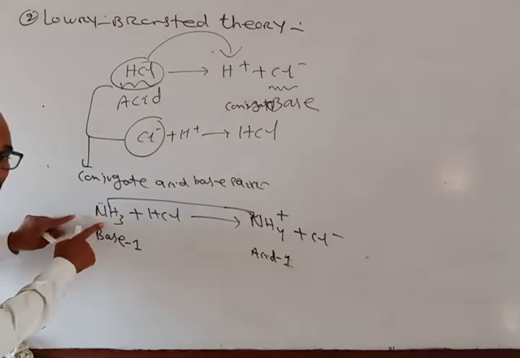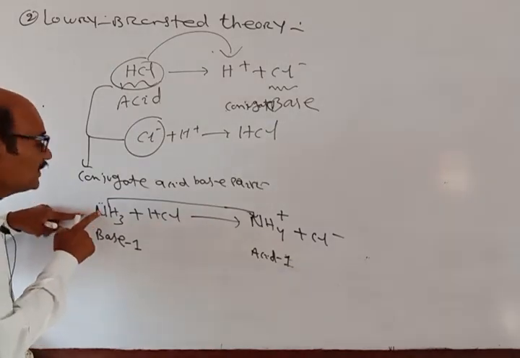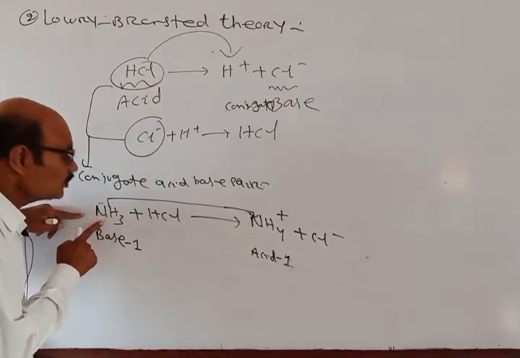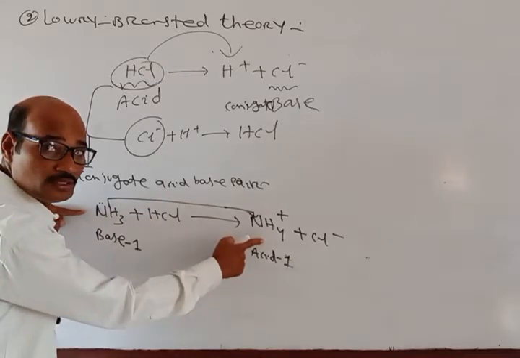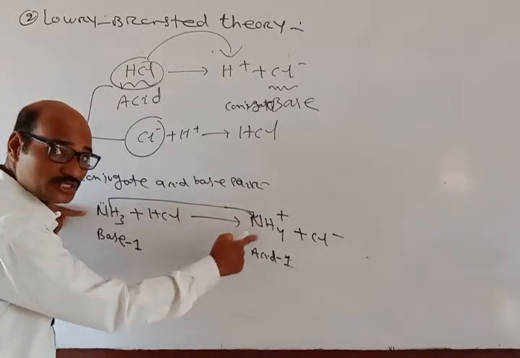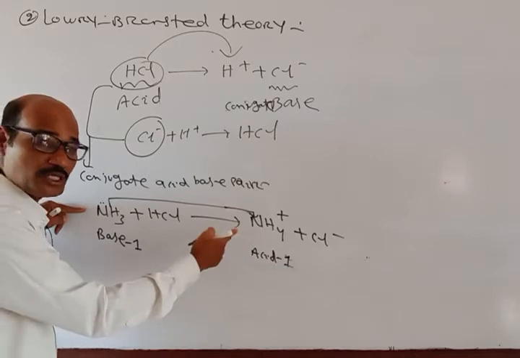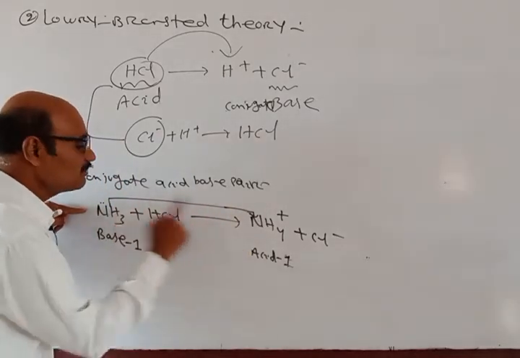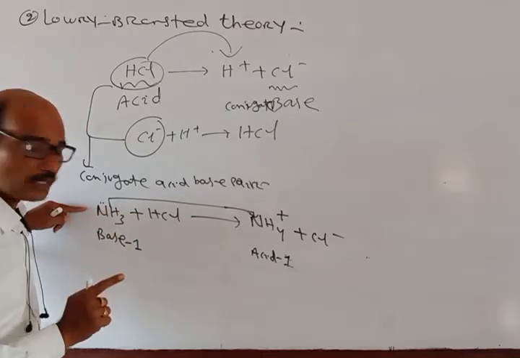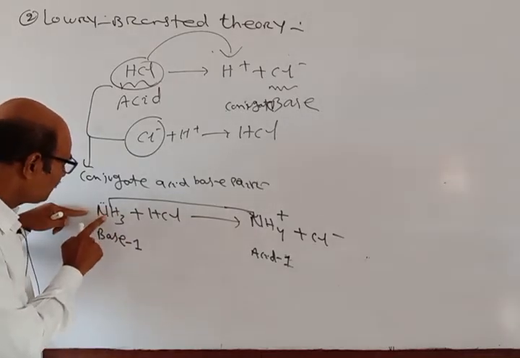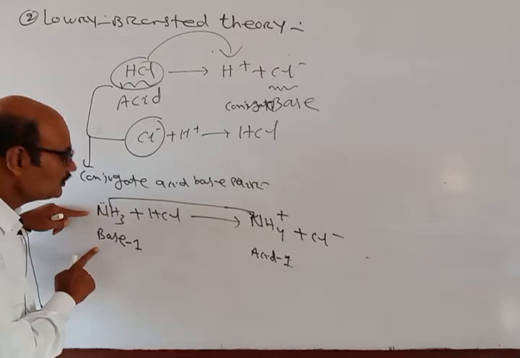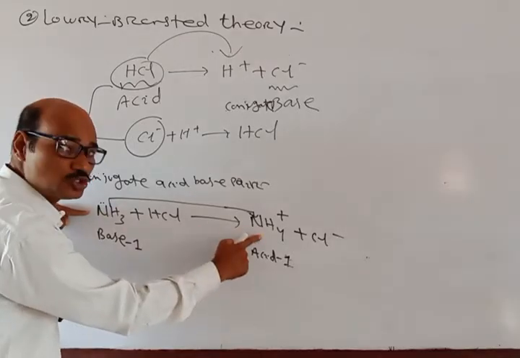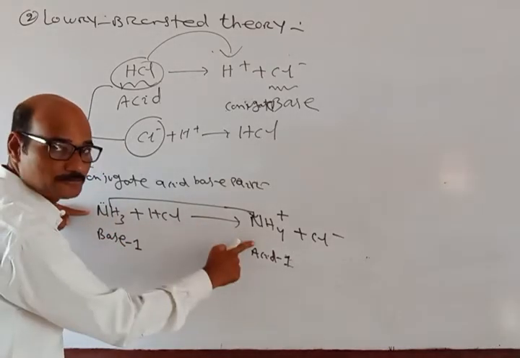So NH3 is the base, can accept a proton and convert into NH4 plus. Now again, this NH4 plus can donate a proton and convert into NH3. So these two differ by a proton only, and if I consider this as a base, then this will be the conjugate acid of this base.